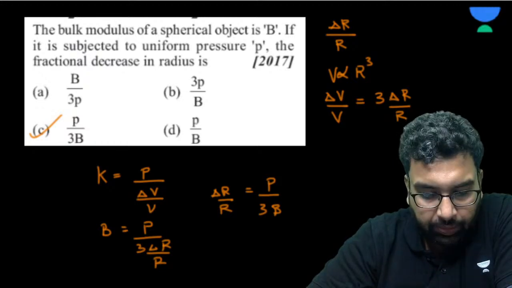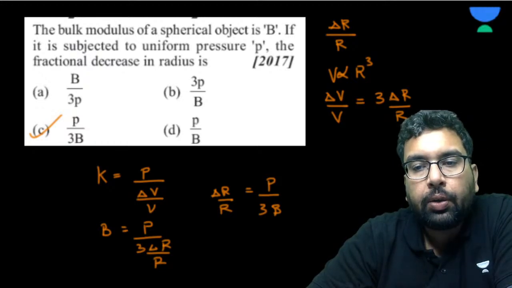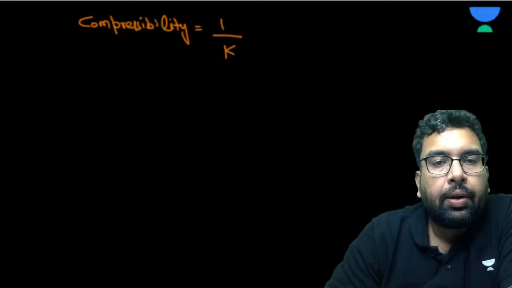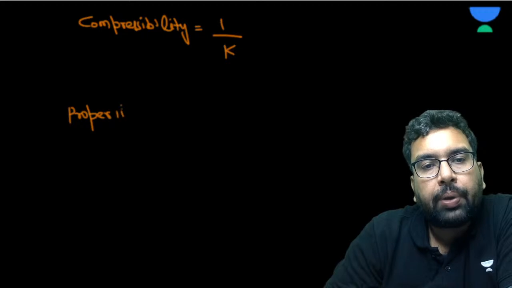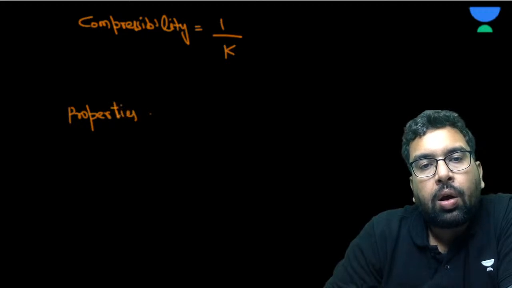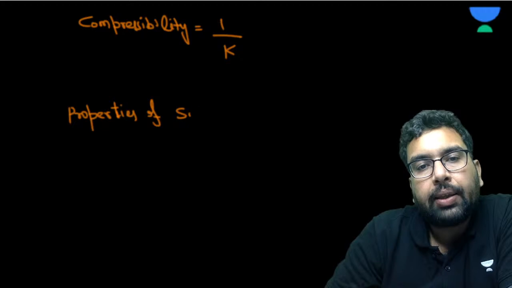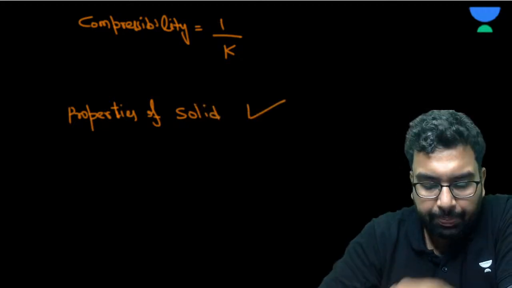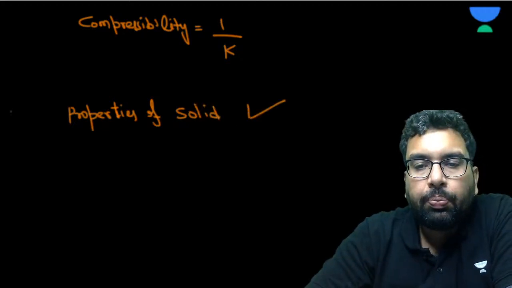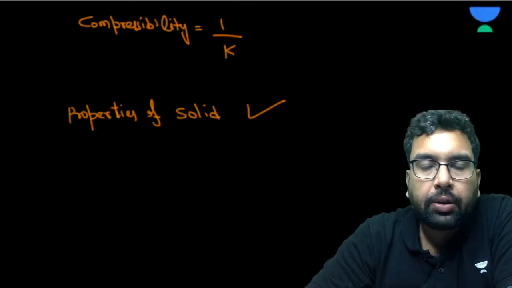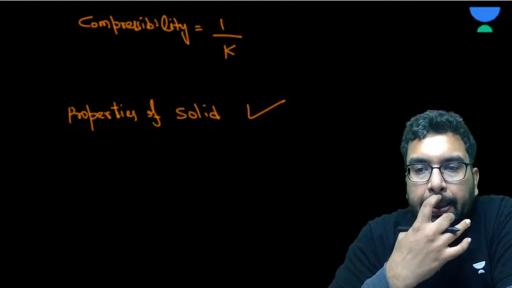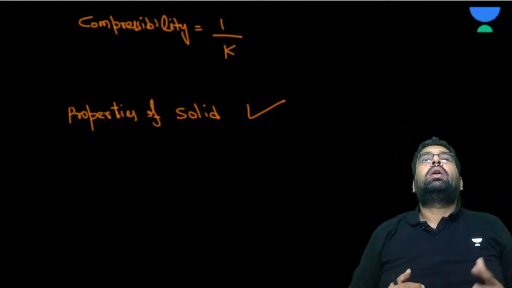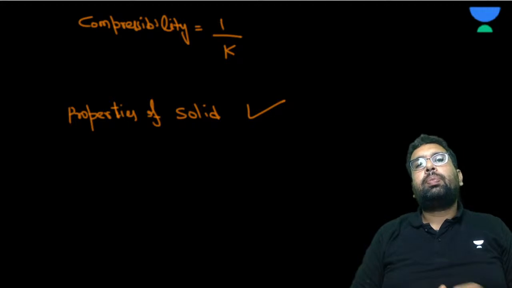Right. So, guys, with this, the properties of solid is completed. I hope you have understood this. On this channel, this is the 5th chapter I have just completed. This was the last video of this particular chapter.